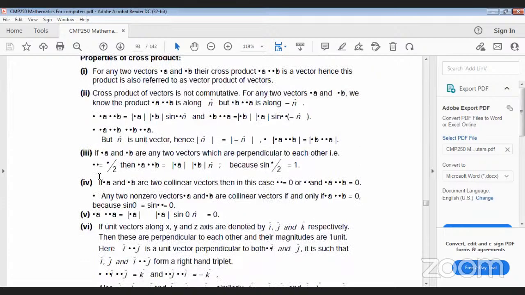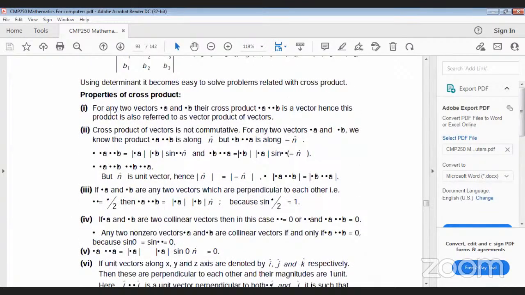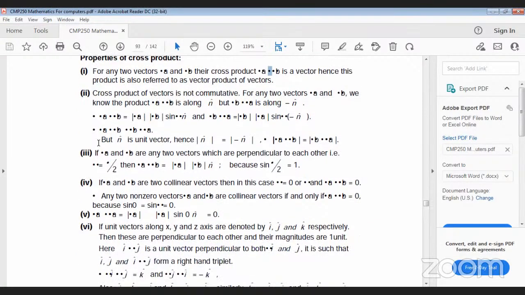Now the properties of the cross product. For any two vectors A and B, their cross product A cross B is a vector, hence it is the vector product of vectors. If A cross B is along n, then B cross A is along minus n, because it gives a different direction.